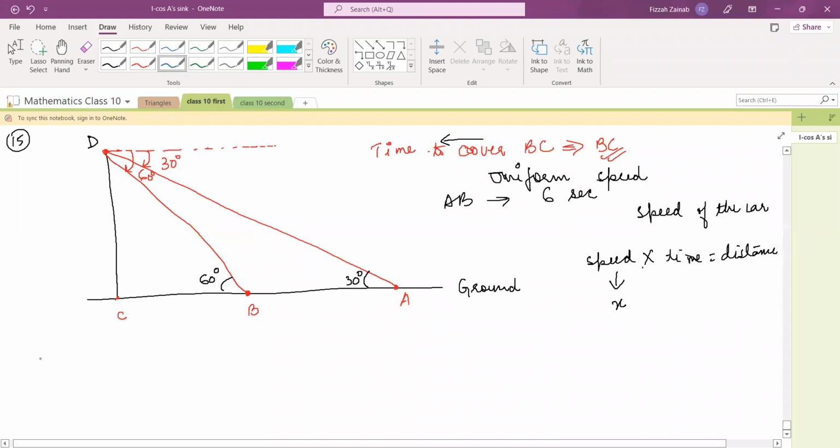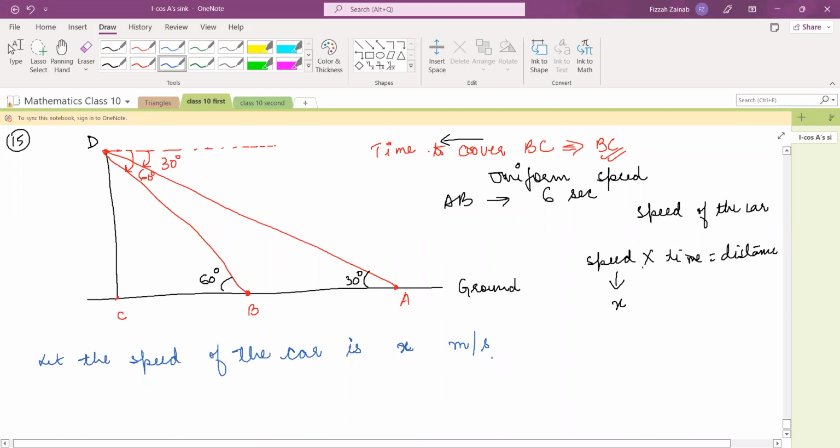Let the speed of the car be X. Seconds he is talking about. So I'll take this in meter per second. SI unit, correct?